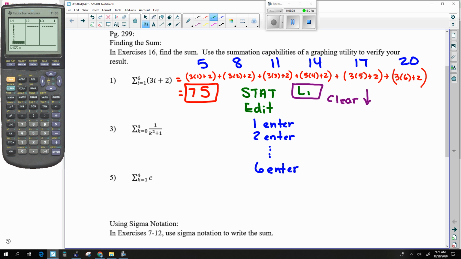To get out of here, you hit second, and then the mode button right next to it, which is quit. And that goes back to the main calculator screen.